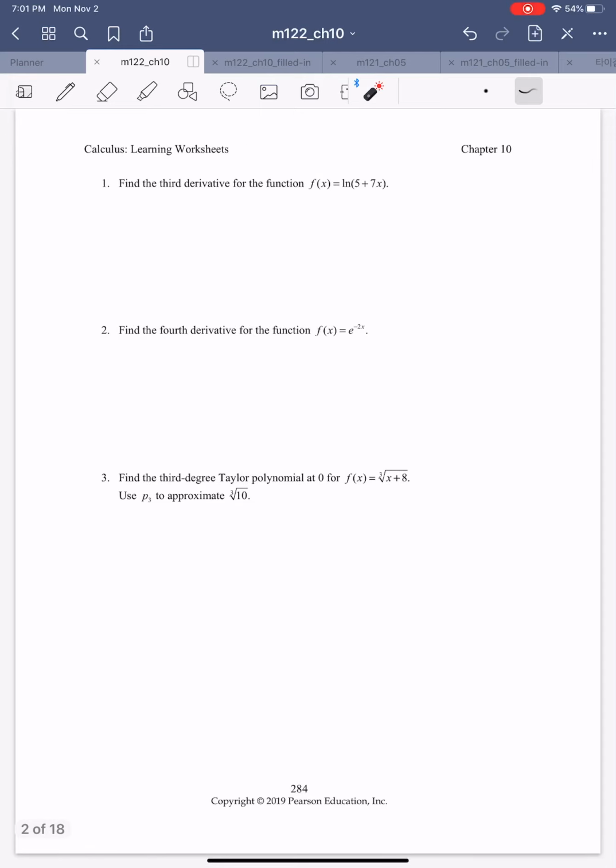So the first two questions are just practicing and getting used to taking the derivative. We have a function f of x equal ln of 5 plus 7x, and it's just taking the third derivative. So we'll differentiate 3 times. First derivative, f prime of x.